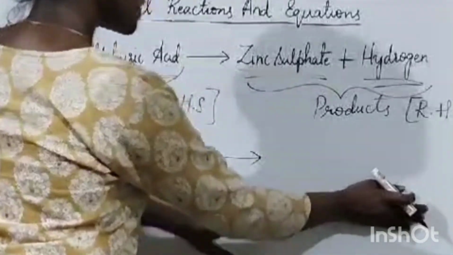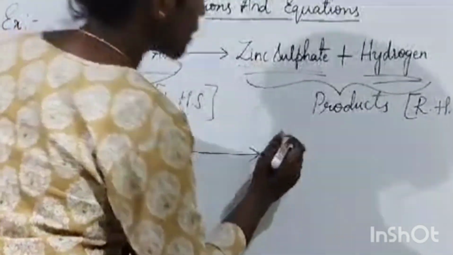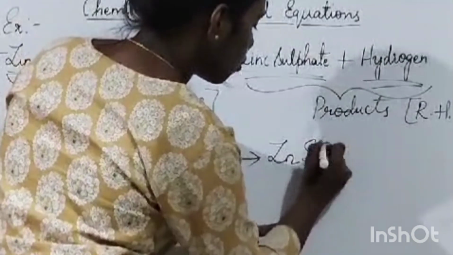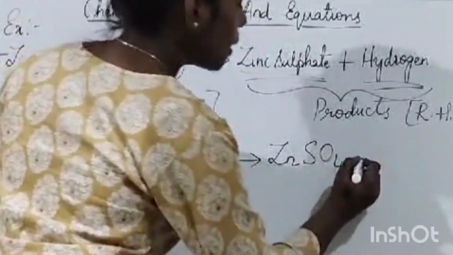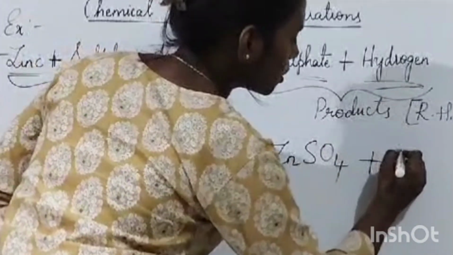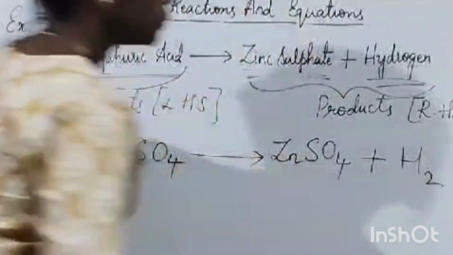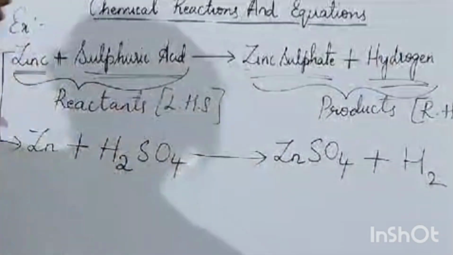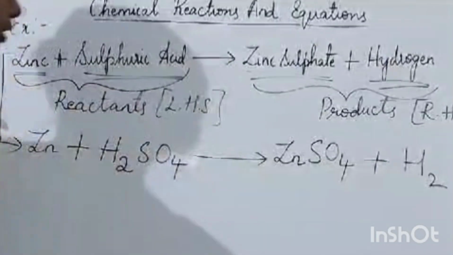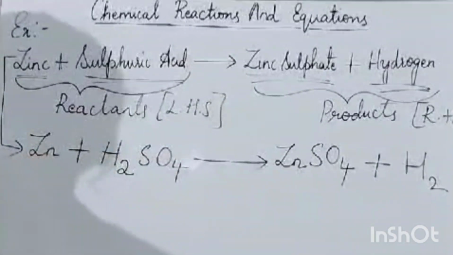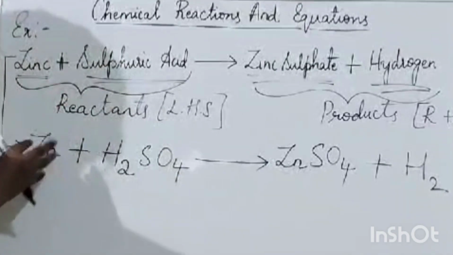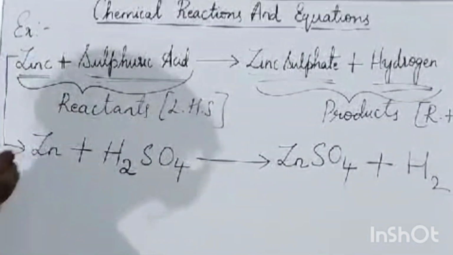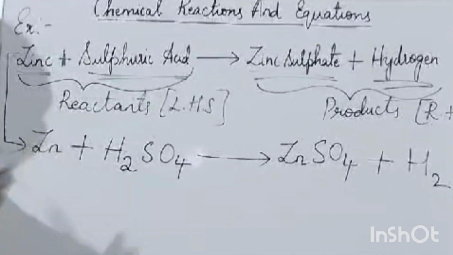What are those products? It is zinc sulfate, Zn SO4, plus hydrogen H2. Now this was our word equation. This is our molecular equation, where each element is written in its chemical form. Now our work is to balance this equation.